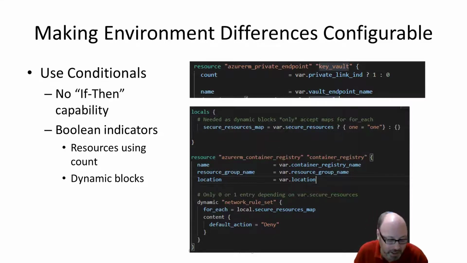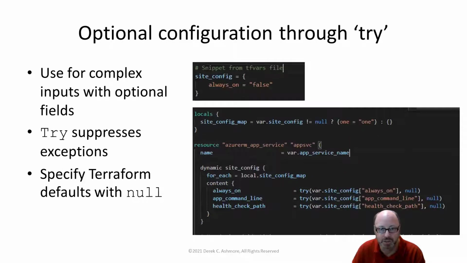And just to refresh your memory, dynamic blocks are a creature in Terraform where it will change your resource before the resource executes. So essentially, dynamic blocks work on map inputs, and they only work on map inputs. So what I'm doing is converting that Boolean indicator into a map of one item that I don't use the values of, or an empty map, to get past that little quirk on dynamic blocks.